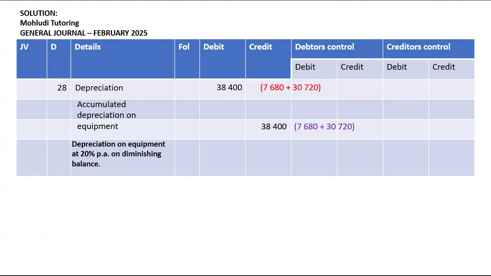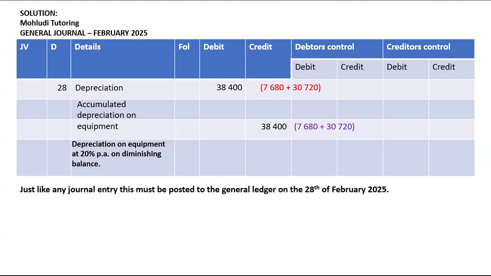This is total depreciation of all equipment that we have for the entire year. But remember, one equipment was only depreciated for 9 months. The other three were depreciated for the entire year. Okay.